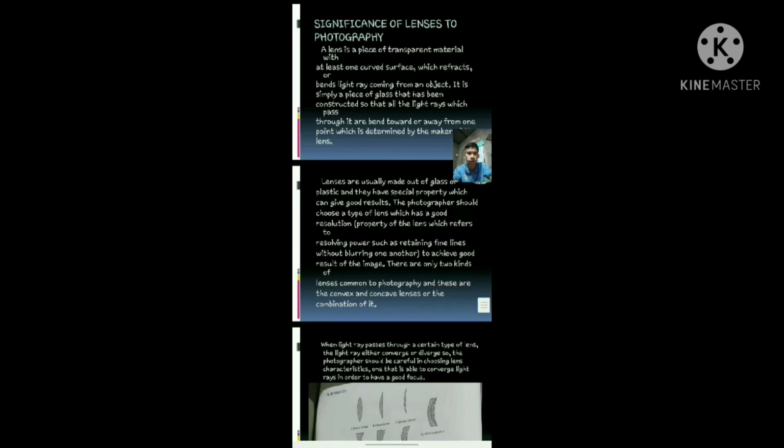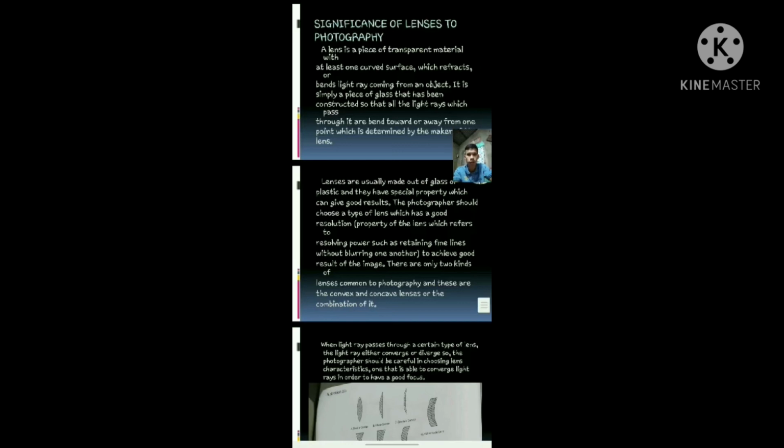can give good results. The photographer should choose a type of lens which has good resolution. Resolution is the property of a lens, which refers to resolving power, such as retaining fine lines without blurring, to achieve a good result in the image.